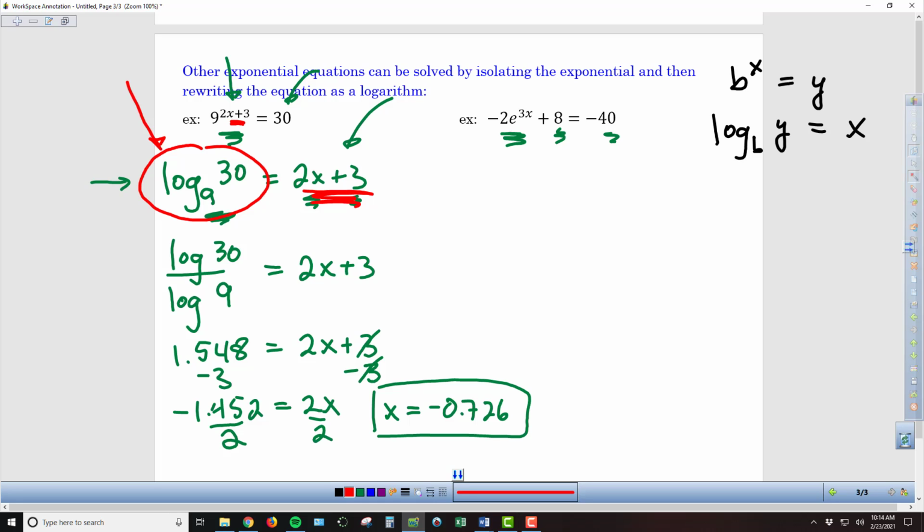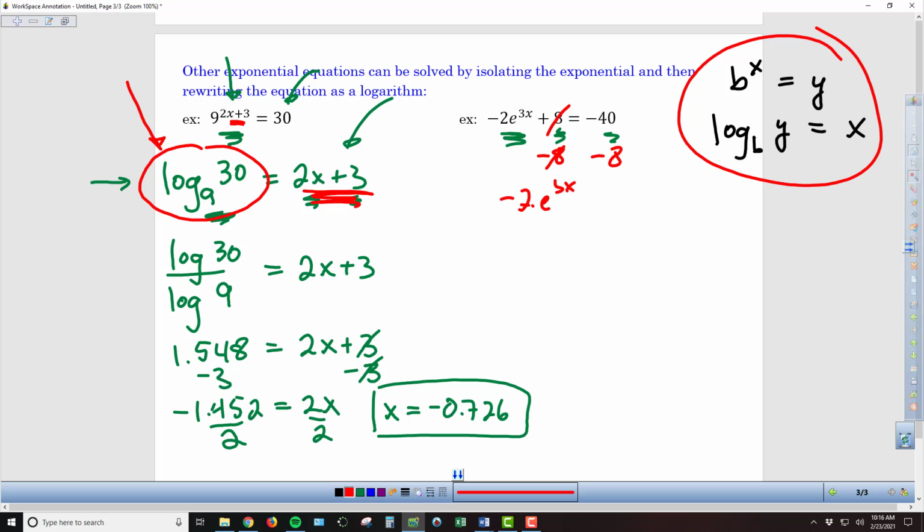For the last example, before we start rewriting it in log form using the pattern that we have here, we first have to isolate the exponential. So we have a little bit of preliminary work that we have to do. So I'm first going to subtract 8 from both sides. So I've got negative 2 e to the 3x equals negative 40 minus 8 is negative 48.